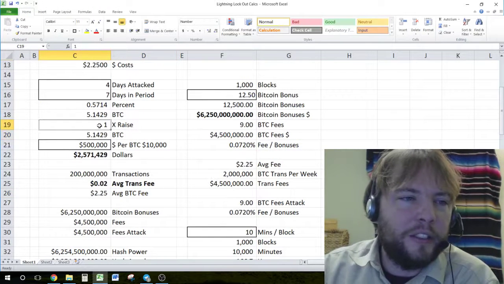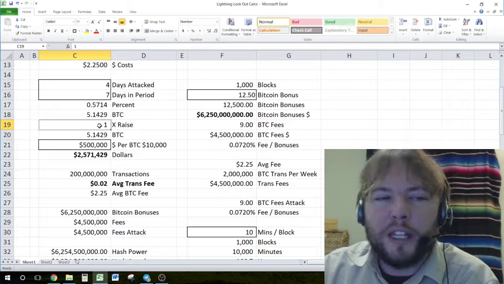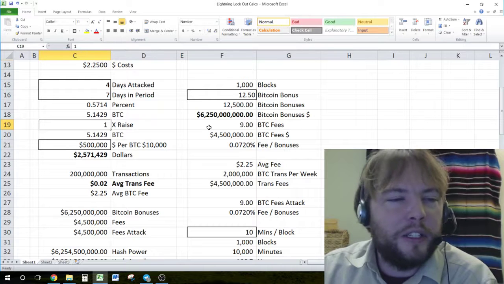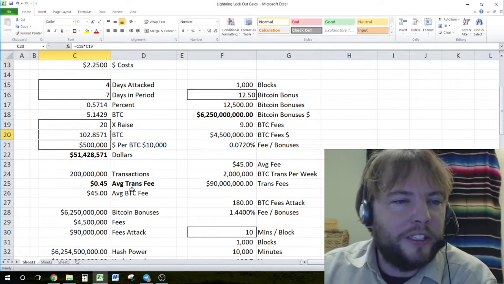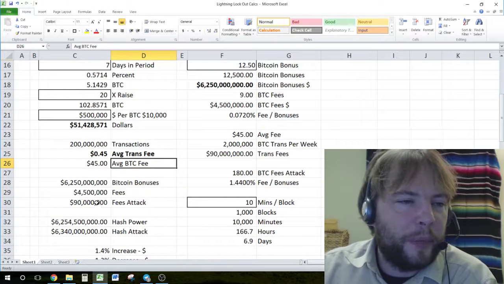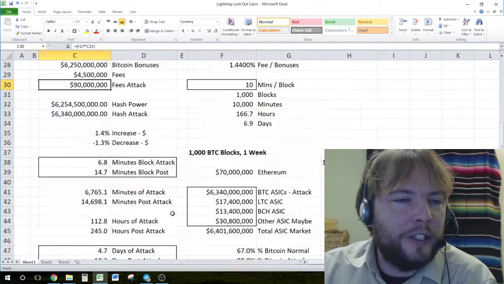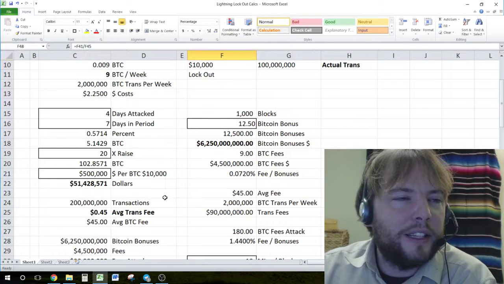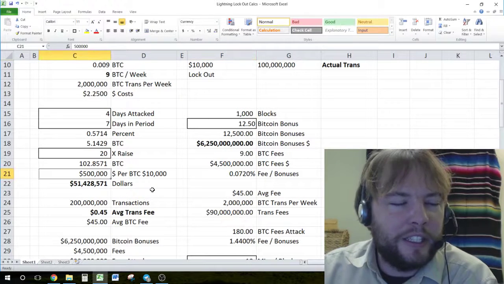It went up from being able to use the network for a $2 value, but again, this is at a $500,000 price, being able to use it for a $2 value, and now in this situation, it's costing them $45 to use the network. However, the fees for attack have increased. A lot of these numbers over here don't really carry over.